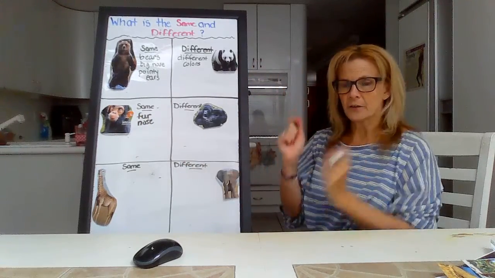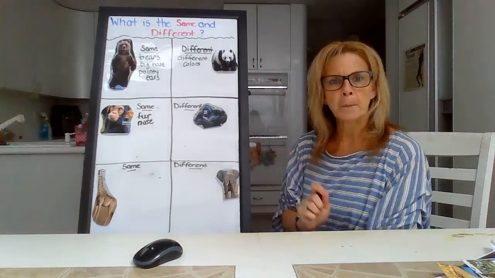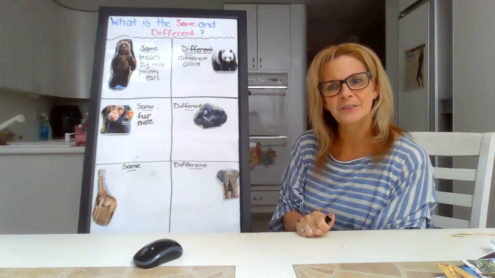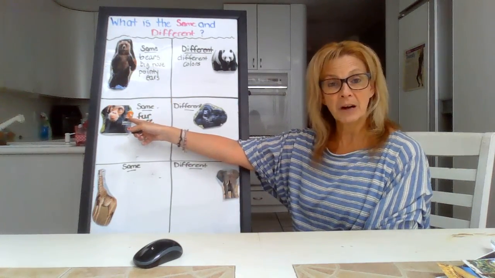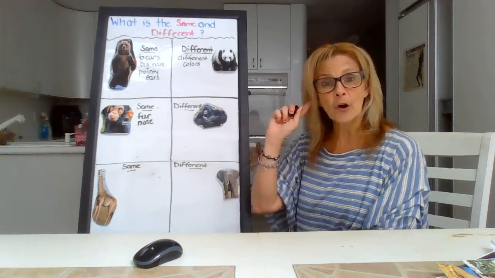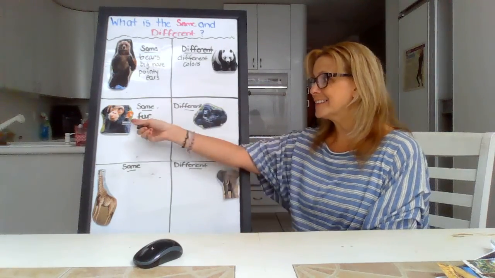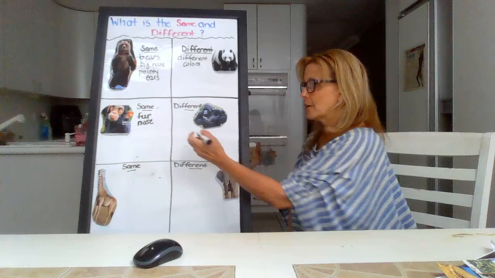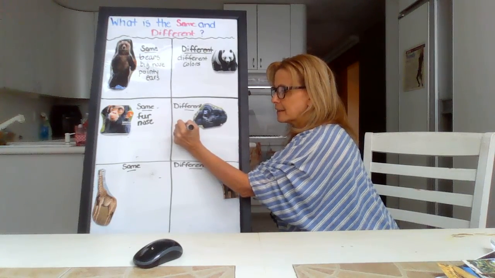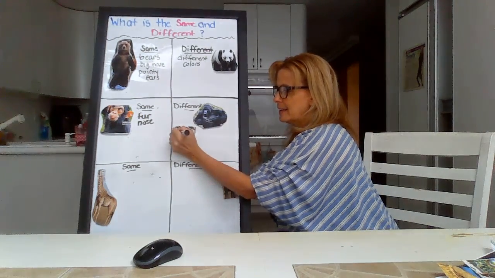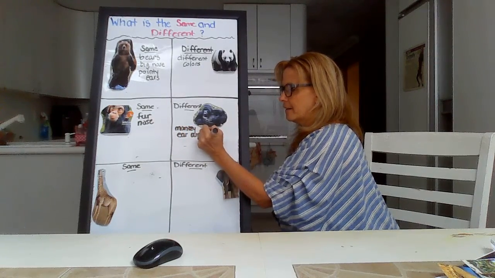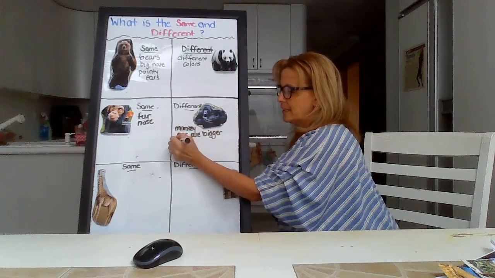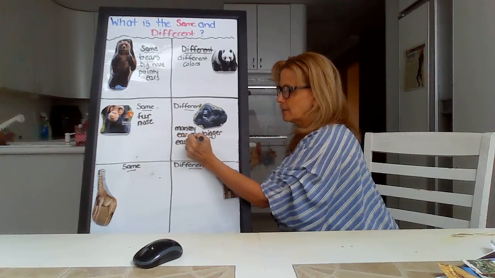But look at their ears. They both have ears. What's different about the ears? This monkey's ears are bigger and they're a different color. So the monkey's ears are bigger and the ears are different colors.